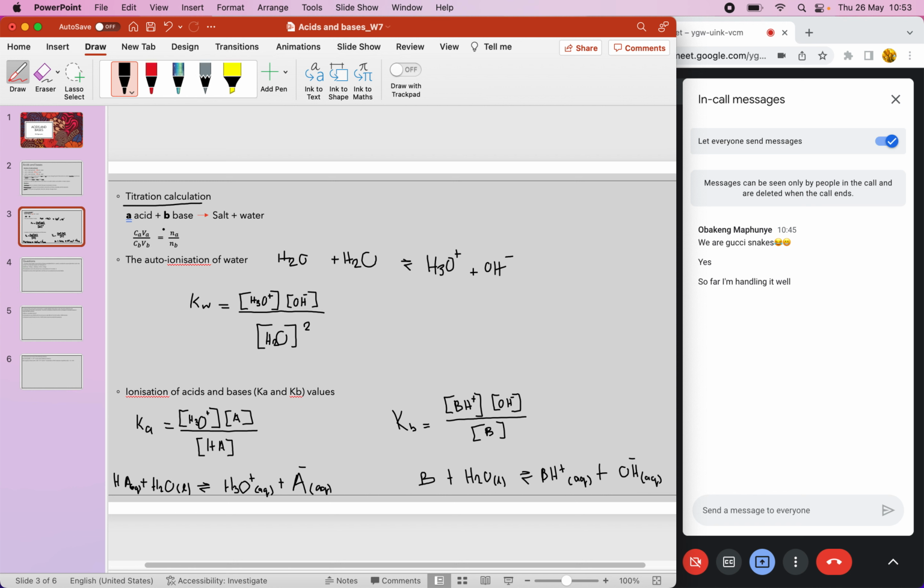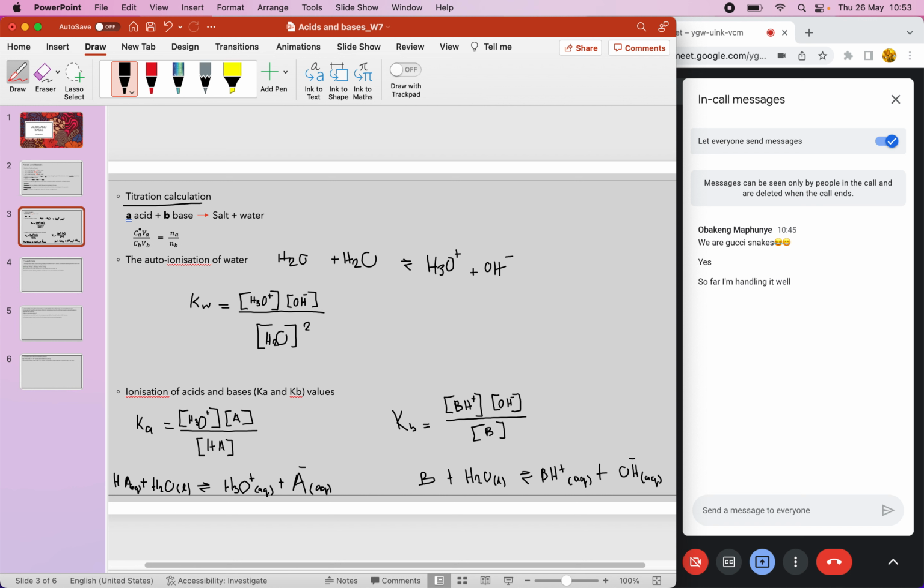And remember, if you remember your stoichiometric calculations, in a balanced chemical equation, these balancing figures represent the moles, and you can get the mole ratio from this particular A and B. So this is an equation we can use for titration.